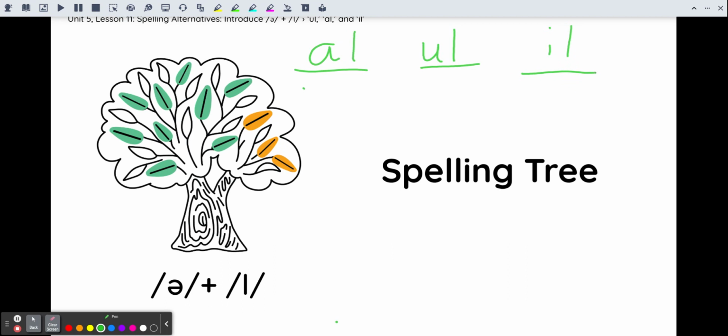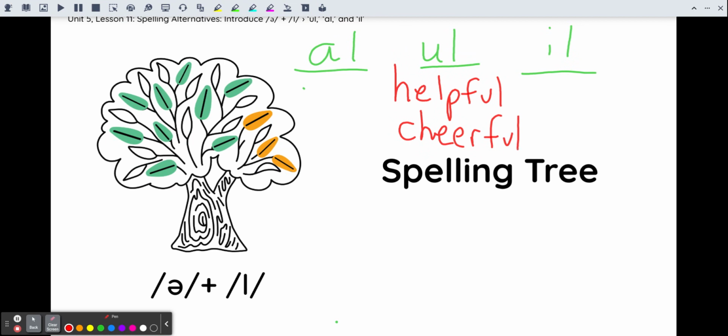Helpful. Which branch would that go under? Correct, UL. Helpful. What about cheerful? UL. Cheerful.